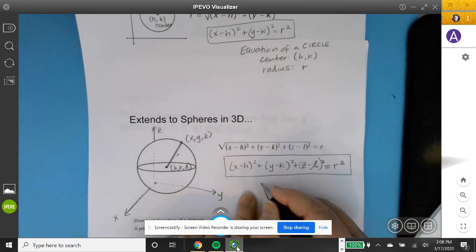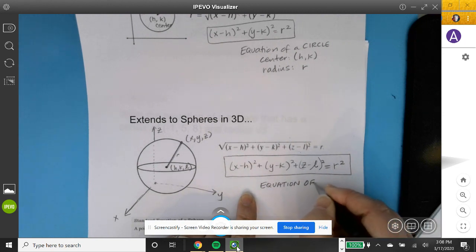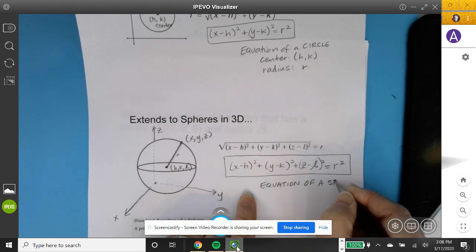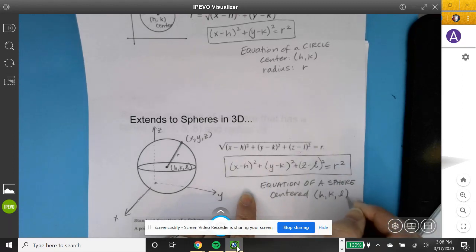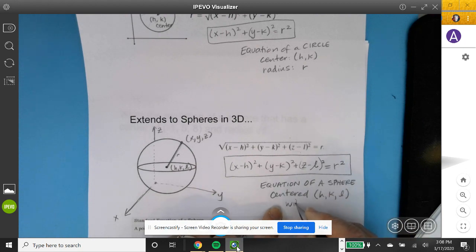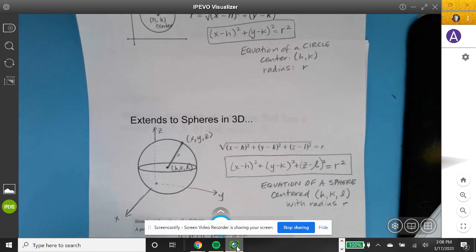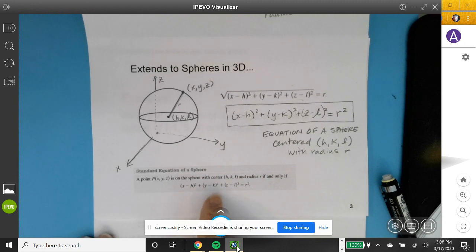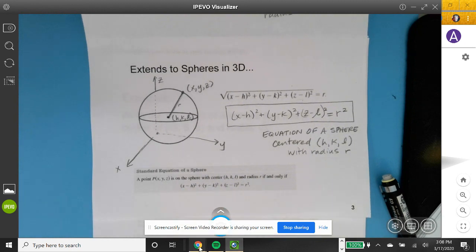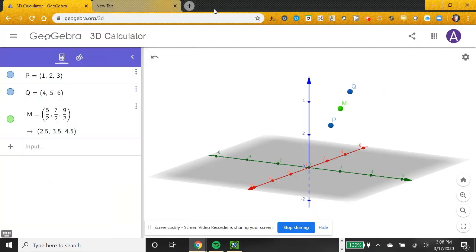So this will be the equation of a sphere centered at H, K, and L with radius R. I brought the expression from our book into my document and into your document so you can see that expression. Okay, so hang on just a second.